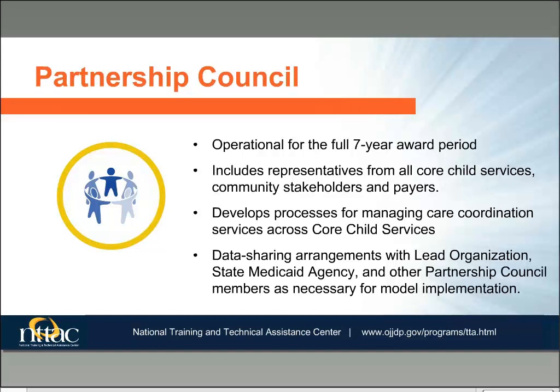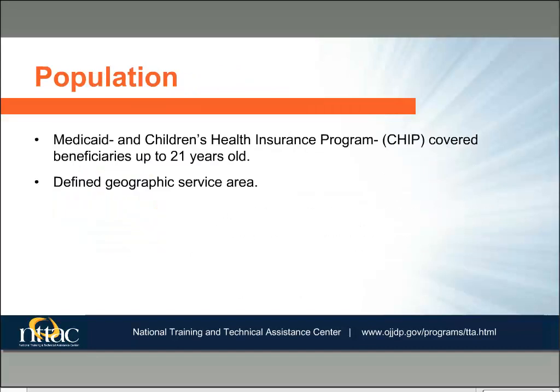This council must also include representatives from the local health department, community stakeholder representatives, and Medicaid payers. If there are community groups that already exist in the designated area that meet these criteria, they can serve in this role, or one can be newly convened for the purposes of this model.